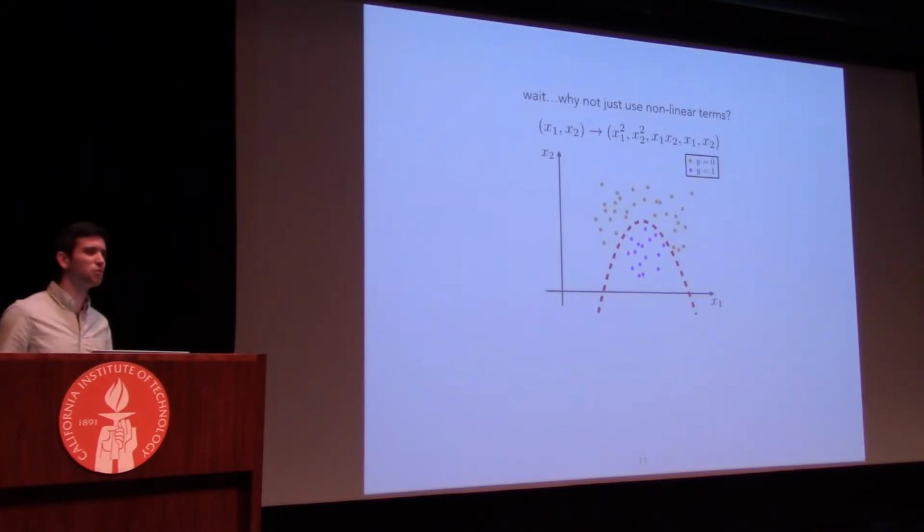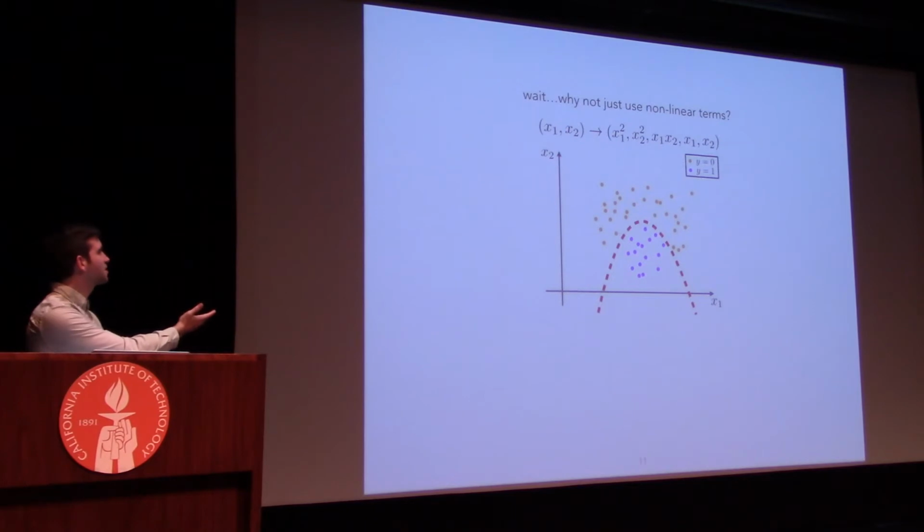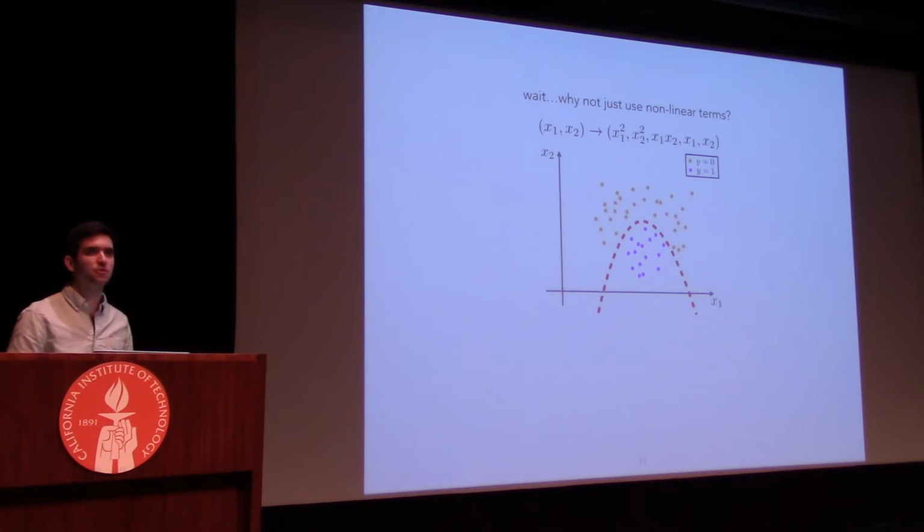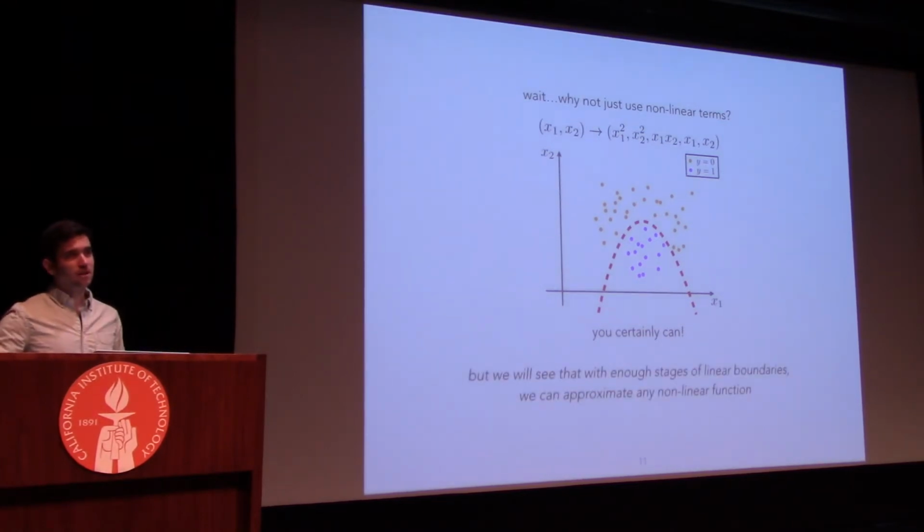So you might be asking, wait, but we neglected this procedure where we just expanded the input space and then used our old favorite techniques of linear decision boundaries. Well, you can certainly do this. There's nothing really wrong with doing that. However, if we use linear decision boundaries, we can actually show that this is a universal function approximator.